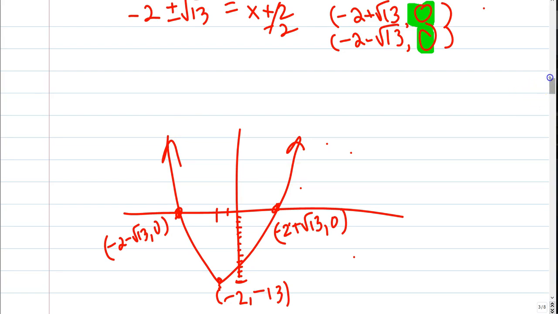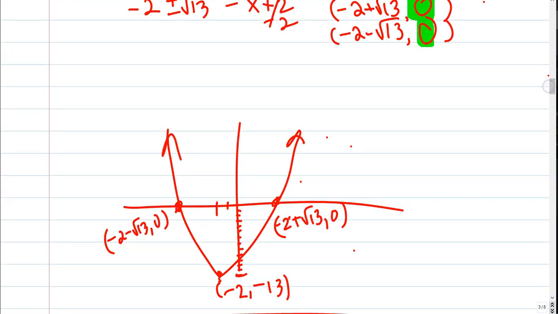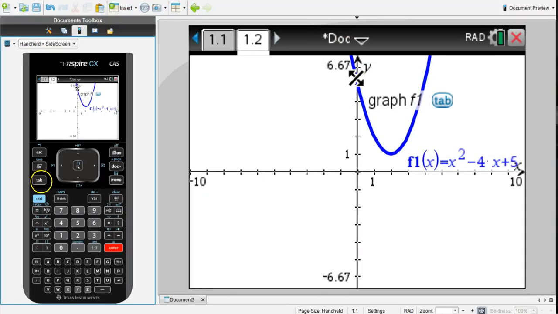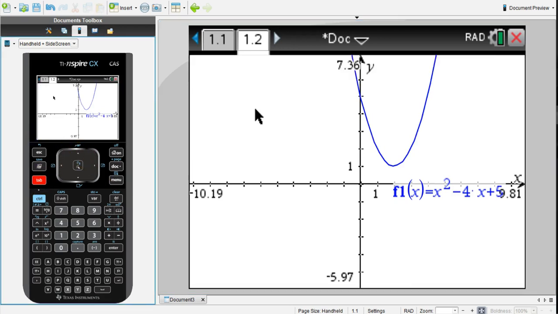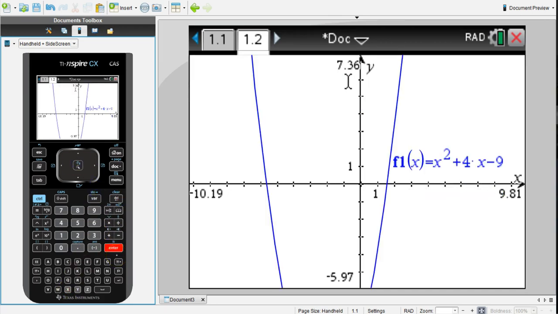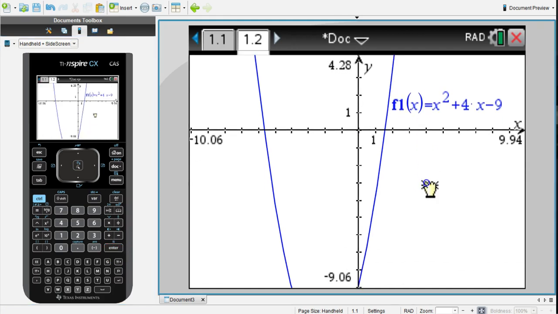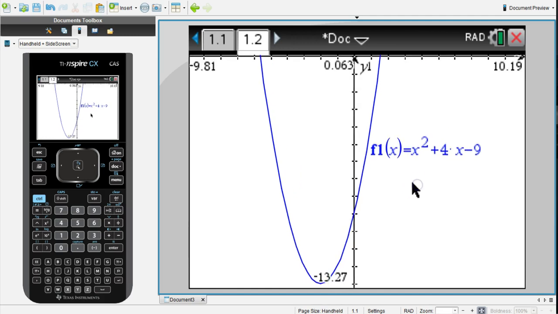Okay? I could take the original equation, x squared plus 4x minus 9. It's approximately what our graph looked like. Zoom down a little bit here. There we go. There's our vertex. Let me just zoom this out.